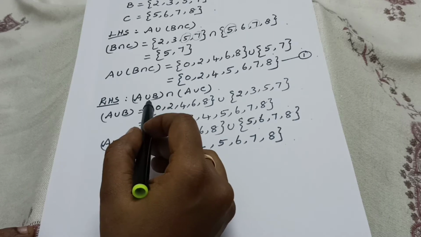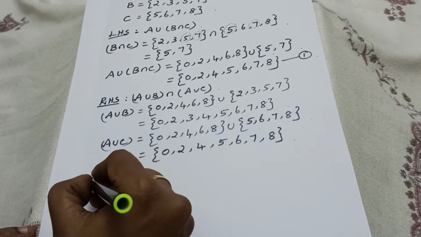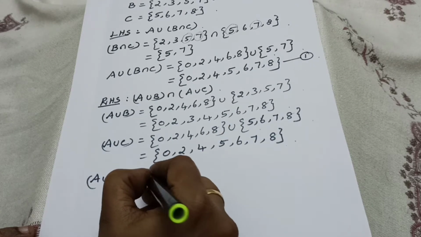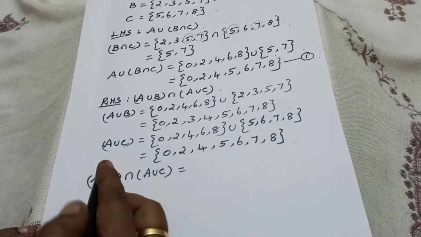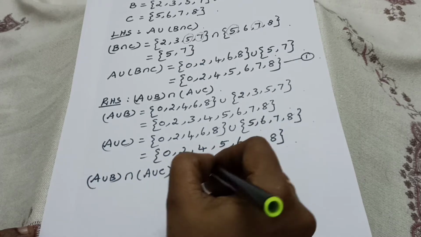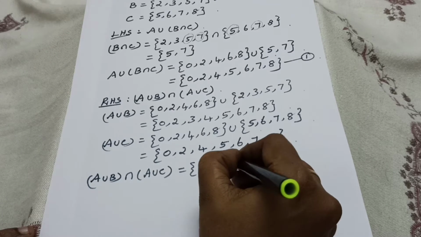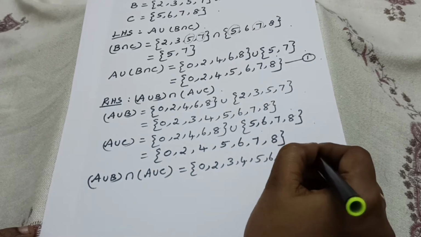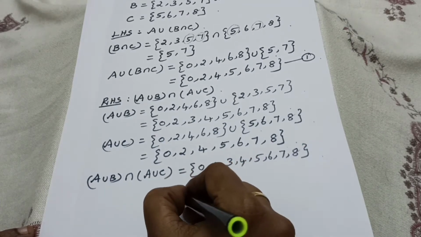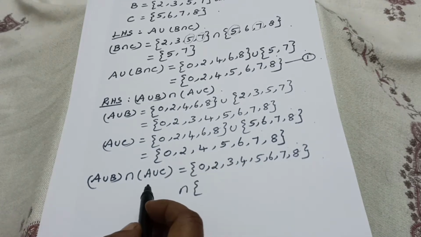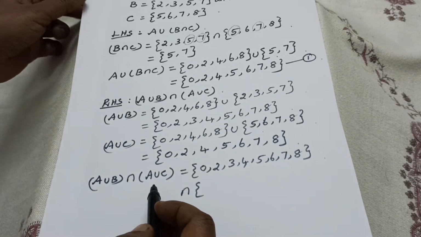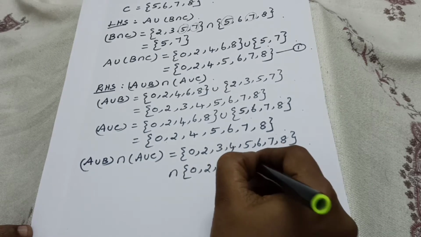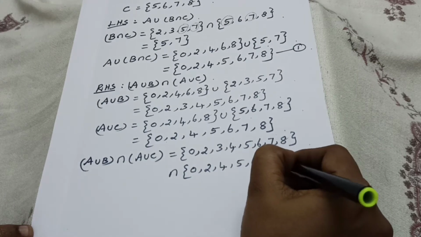And here on the right hand side we want to find A union B, then intersection A union C. Here A union B, what are the elements we got? 0, 2, 3, 4, 5, 6, 7, 8. Here the symbol is intersection. Then A union C is 0, 2, 4, 5, 6, 7, 8.